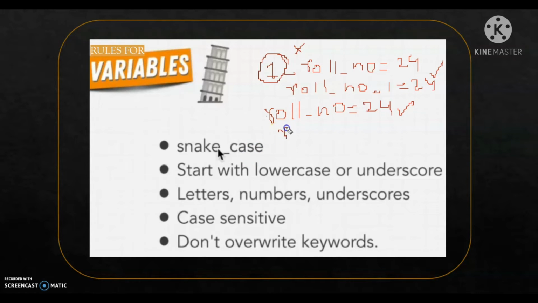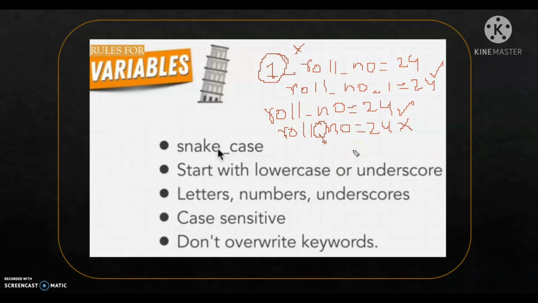Instead, if I give roll, put a space here, and then number is equal to 24, this gives an error because spaces are not allowed in variables. So you need to keep this in mind.